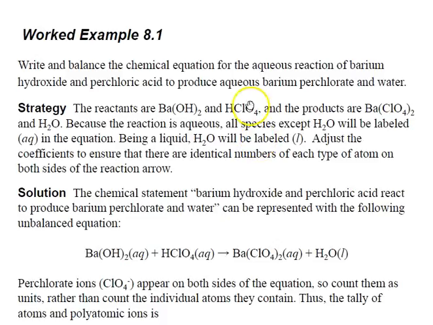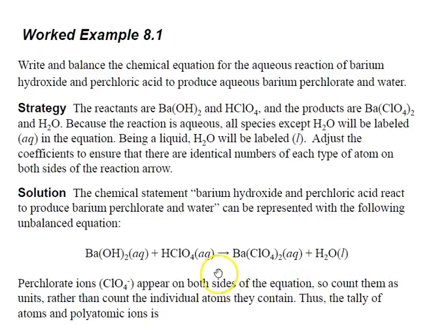So then you can generate this formula with Ba(OH)2, AQ represents aqueous. The most common solvent is water, so these will be dissolved in water. Here's perchloric acid. Forward reaction arrow, barium perchlorate with the aqueous label, and water.